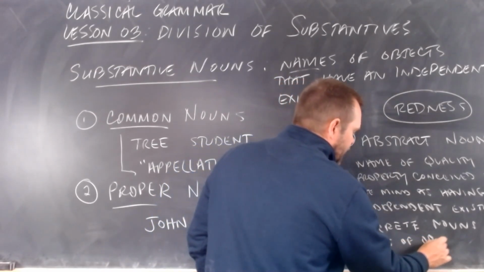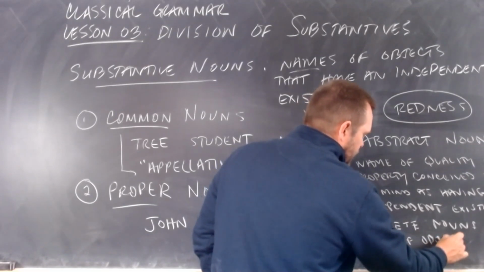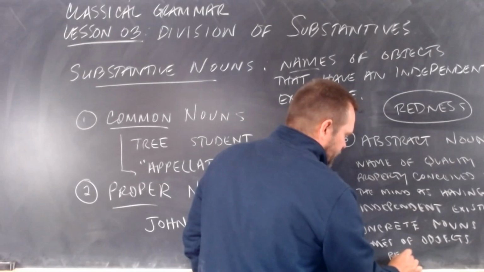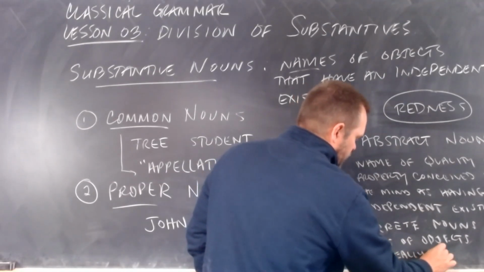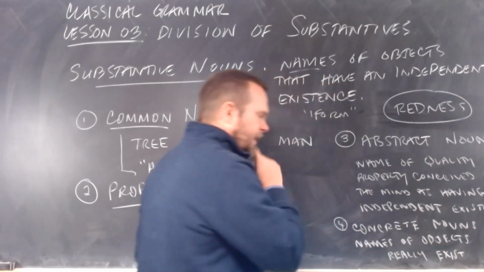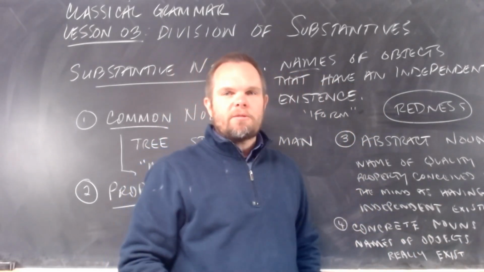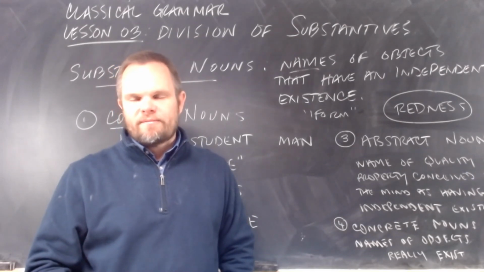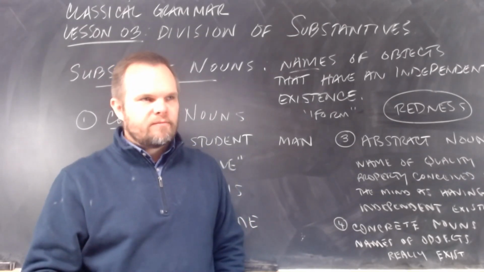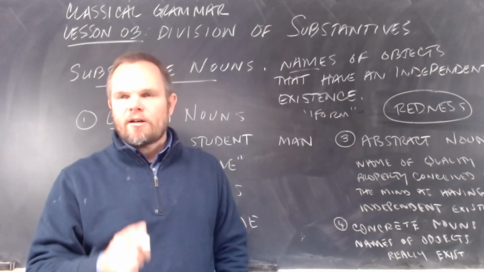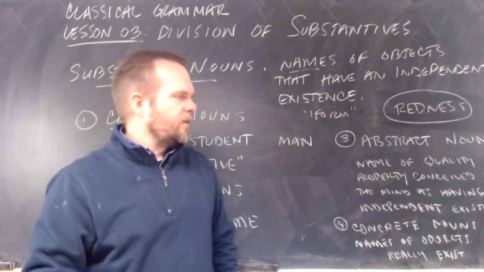Names of objects that really exist, our book says. Plato would disagree with that definition because he would say abstract nouns really do exist. Right? He would say abstract nouns are names of things that really do exist.